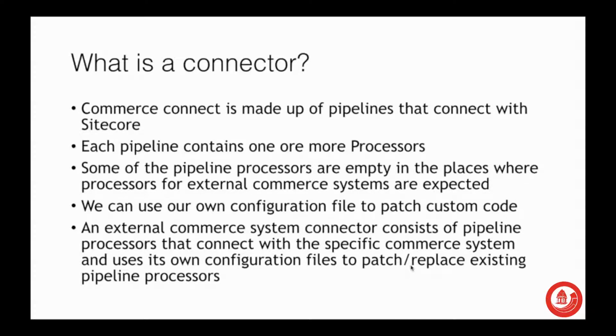For example, you might want to delete some existing default pipeline processors and run your own pipeline processor in place of it. In those cases you can use the patch attribute.